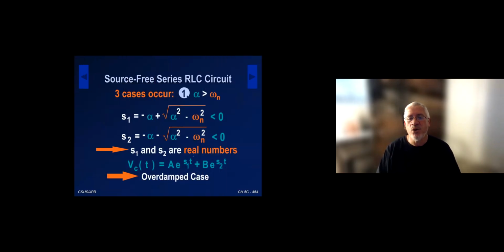So let's look at these 3 cases here. The first case is alpha is larger than omega n. When you get alpha, I want you to look at alpha and omega n and tell me which case it is. This is what we call the overdamped case. Overdamped because it dies out very quickly. It's very damped. What's under the radical here is positive, so S1 and S2 are 2 real numbers.